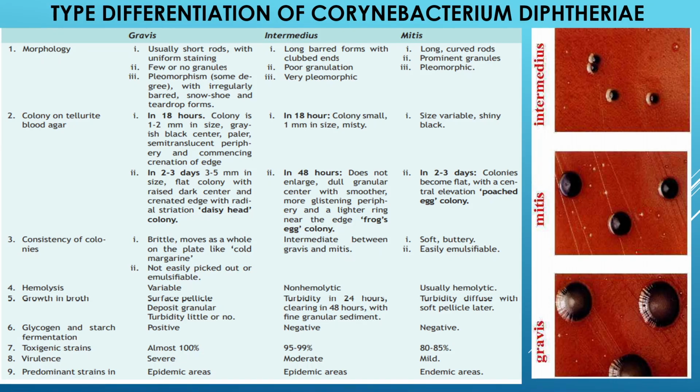On the first slide I explained the biotypes of Corynebacterium diphtheriae, which cause the disease diphtheria. Corynebacterium diphtheriae gravis, intermedius, and mitis have different properties, and we can investigate these properties by morphology, characteristic colony on tellurite blood agar, consistency of colonies, hemolytic activity, different growth in broth, glycogen and starch fermentation, toxigenic strains, virulence, and predominant strains.